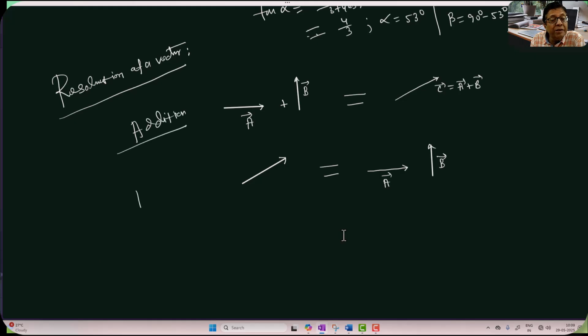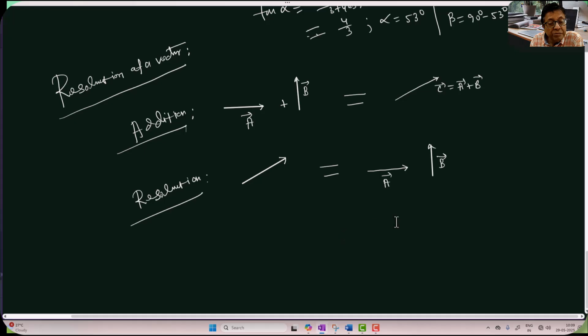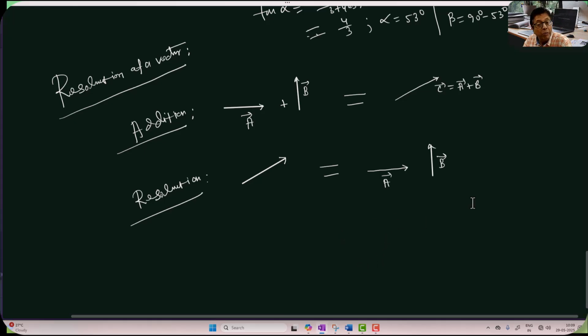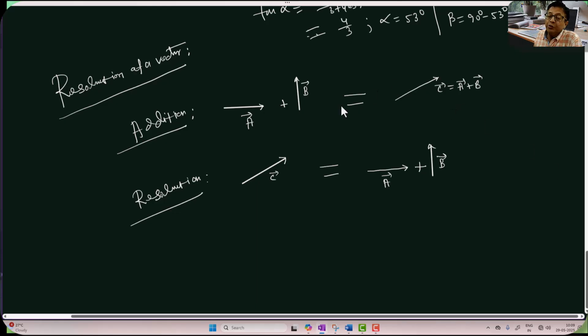Here we have done addition of two vectors and here you have done resolution. Okay, the vector we have resolved into its components. What are those components? See, A and B make the vector C. This time from the vector C you are getting the vectors A and B back. That's why it is called resolution. This was addition and this is resolution.